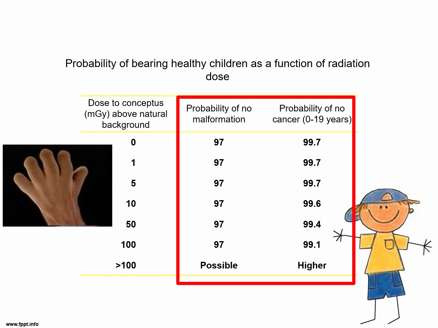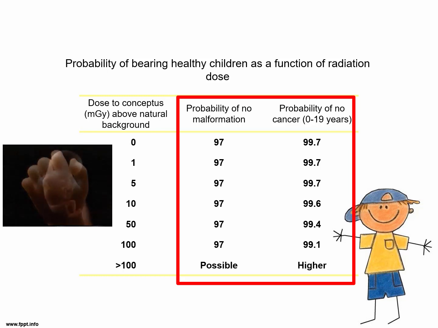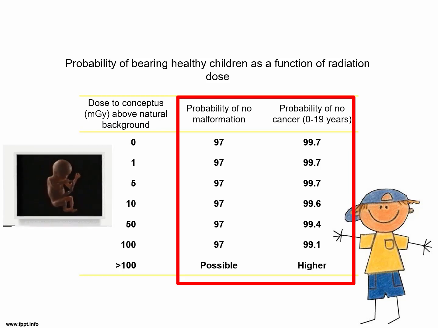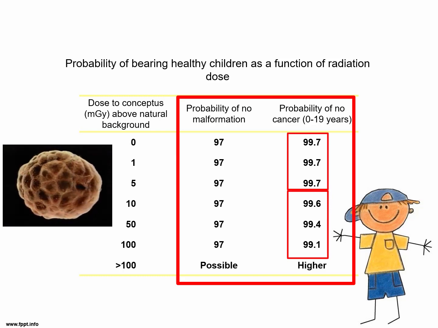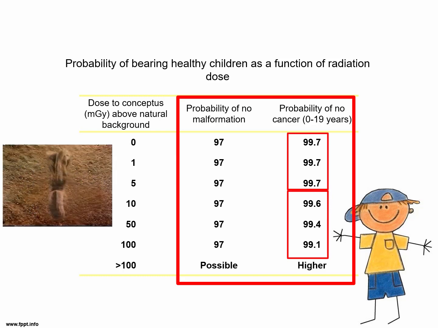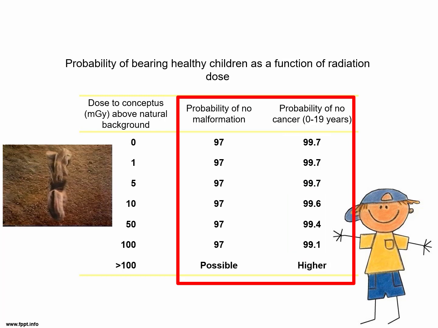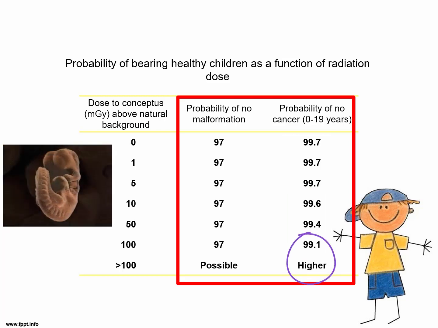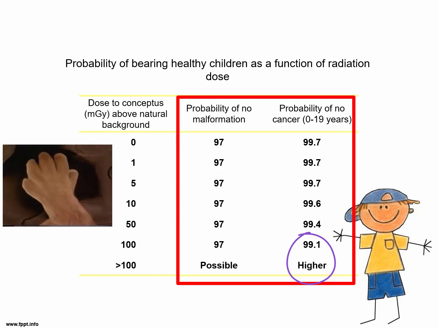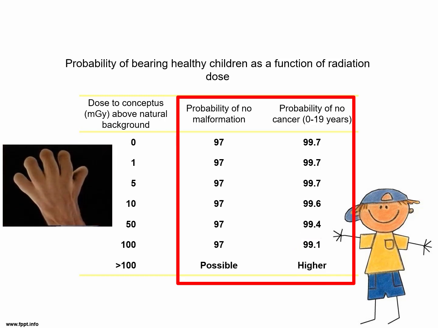Because remember, everyone can get cancer from the years 0 to 19 years of age from the exposure. You can see in total there's only a total of 0.09% if you get 100 milligrays or higher to begin with.